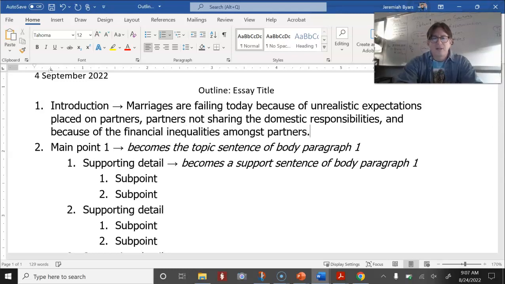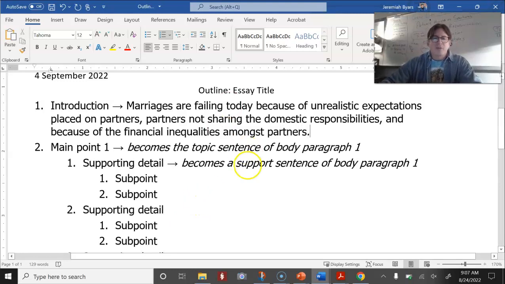All right, I'm making this all up as I go. All right, marriages are failing today because of sub point 1, unrealistic expectations, partners not sharing, number 2, and because of the financial inequalities amongst partners.